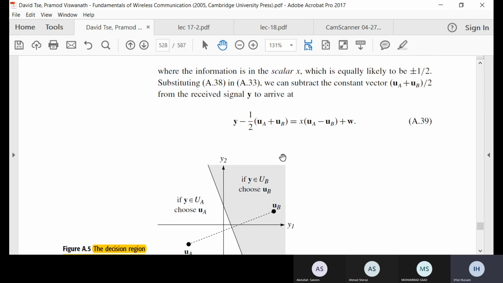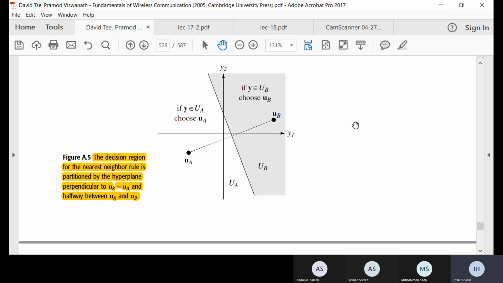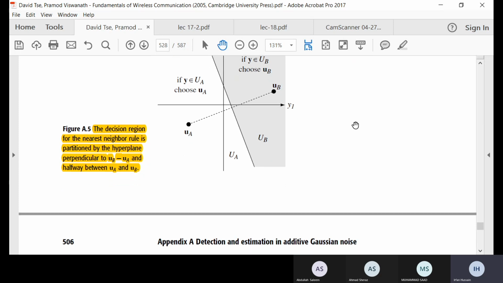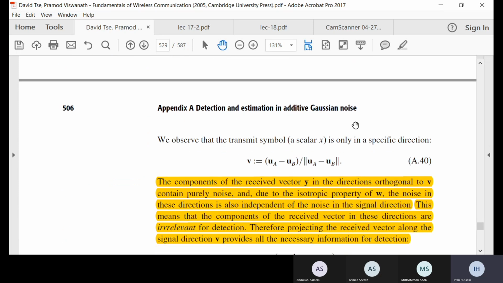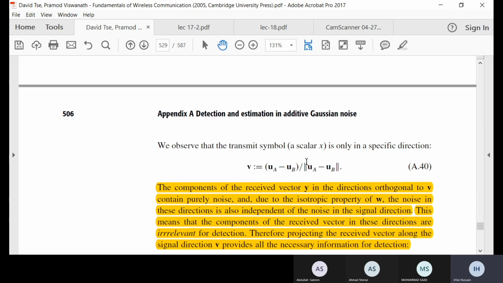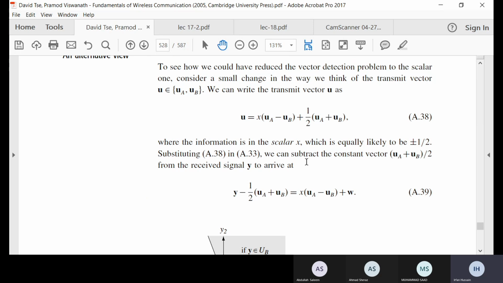All right, so you could see that this is equal to this thing. Now here we can very well see that the information is just in X, and that information is just lying in this unit vector.